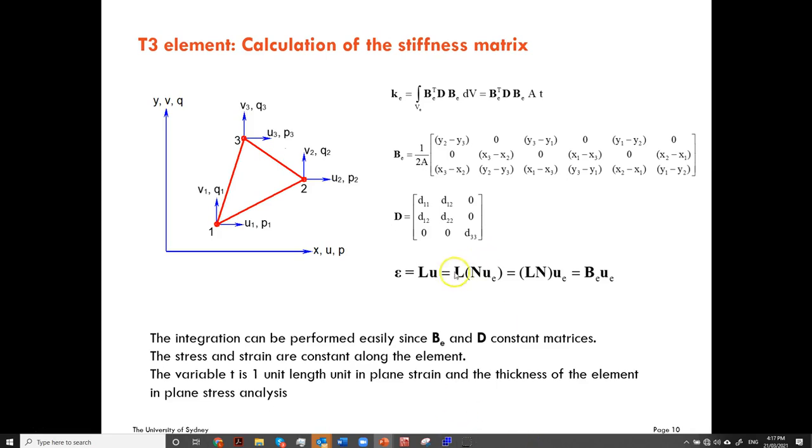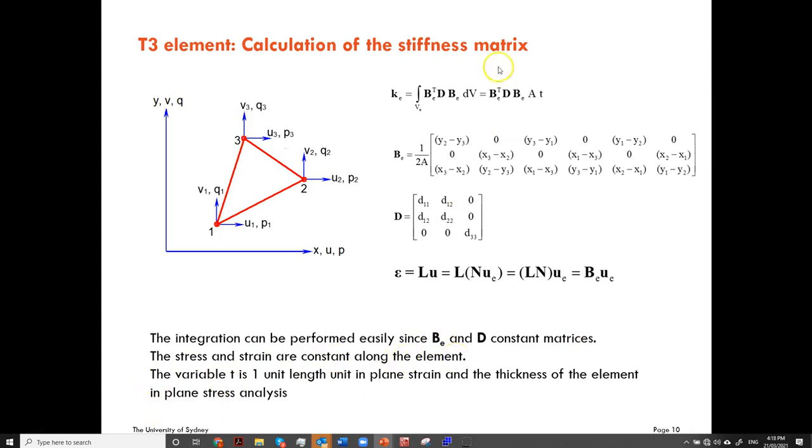So if the strain is constant inside the element, the stress is going to be also constant inside the element. In summary, for this element, the integrations to calculate the stiffness matrix are easy because everything is constant. The stress and the strains are going to be constant along the element.